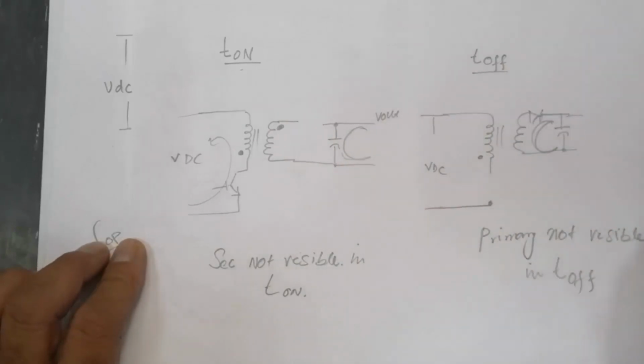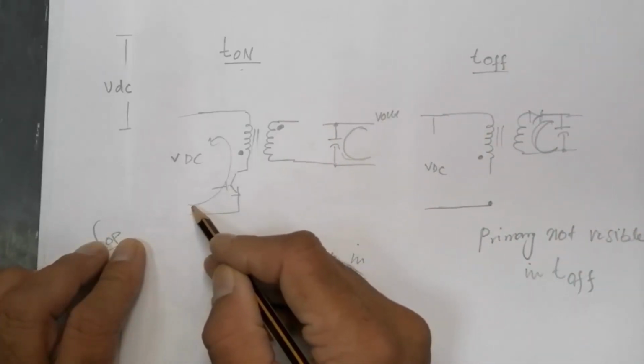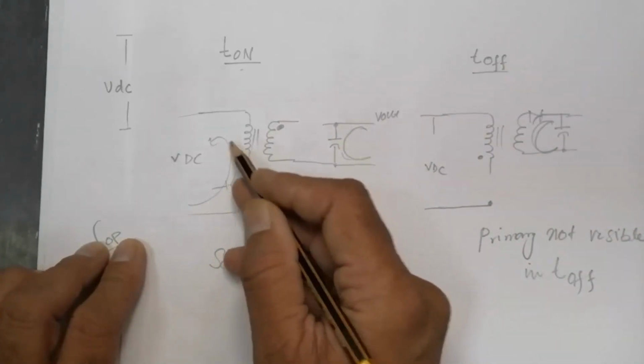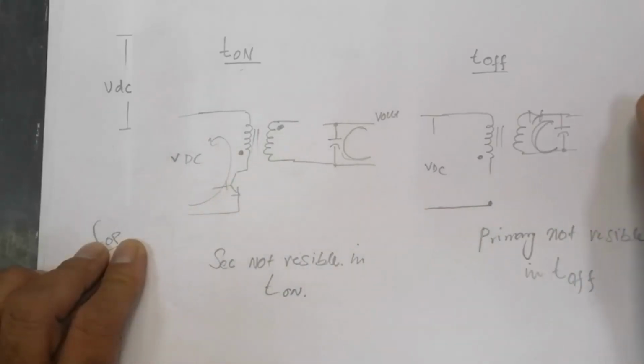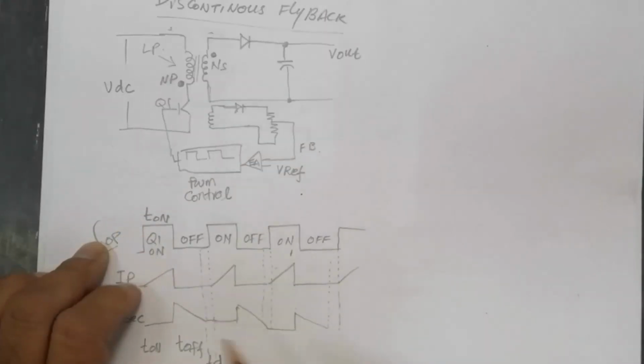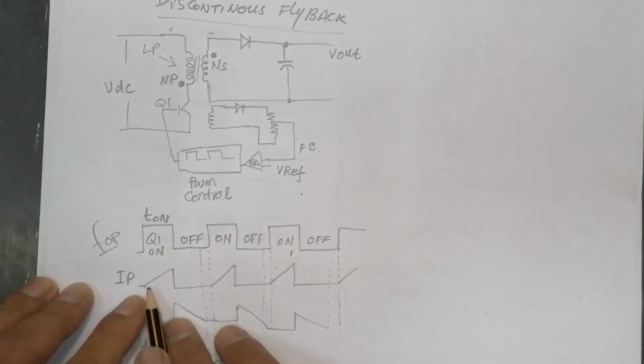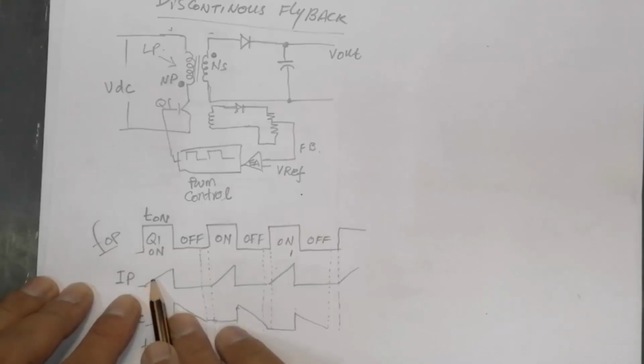What will happen? Current will flow in the primary. So due to inductive reactance, the primary current IP will rise linearly.